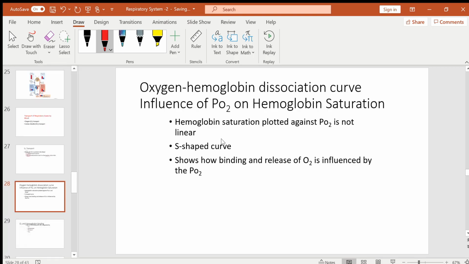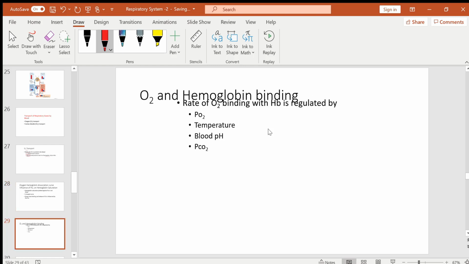Now, how much oxygen will bind with the hemoglobin is determined by 4 factors: how much the pressure of oxygen is, what the body temperature is, what the pH of the blood is, and what the pressure of carbon dioxide is. This is very simple. If the pressure of oxygen is more, the binding will be more.